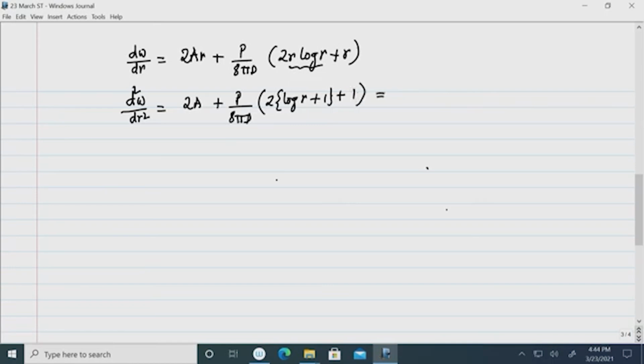So, final expression is second derivative is 2 A plus P by 8 pi D into (3 plus 2 log r).